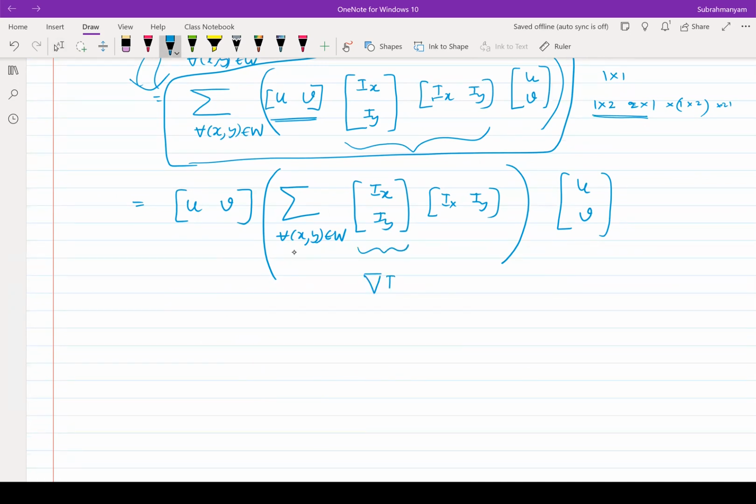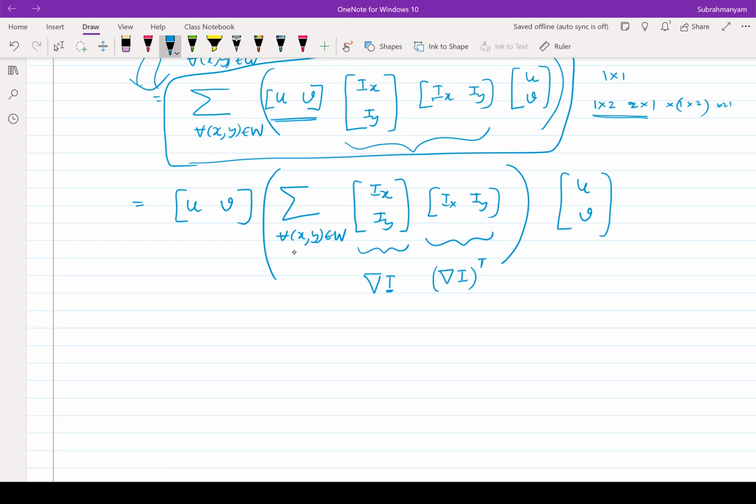Do you remember, we were calling it the gradient of I earlier, dou I by dou x and dou I by dou y. Similarly, this I could call as gradient of I whole transpose.